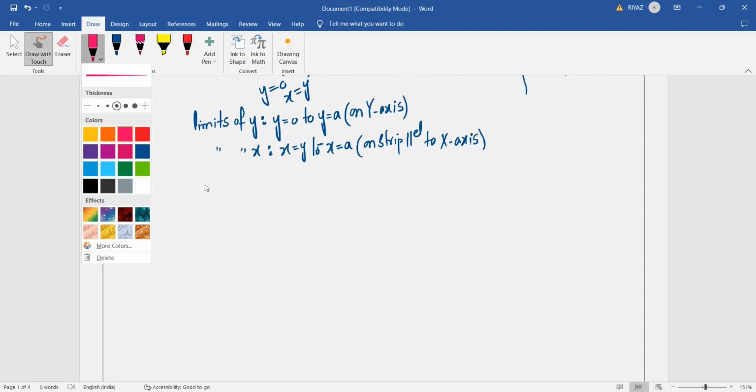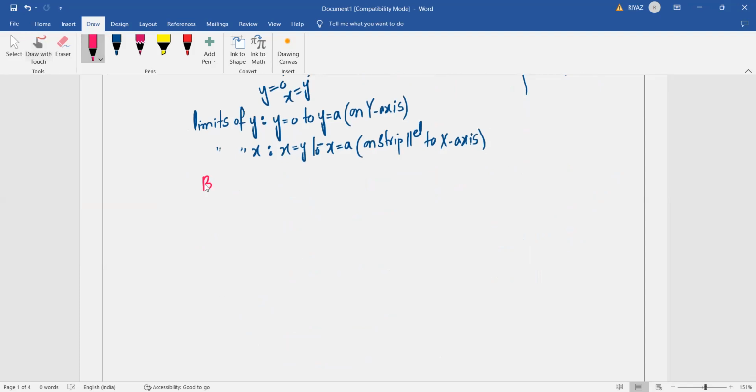By changing the order of integration, the new limits are... You have to write the new limits now.